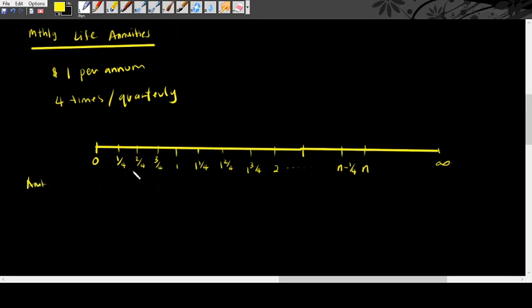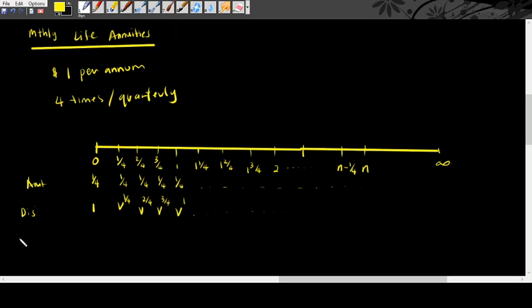So if it is annuity due, it will start at the beginning of the first quarter, which would be a payment of 1/m. For this case, it will be $1/4. Here it's going to be 1/4, here 1/4, 1/4, 1/4, and so on. The discount factor would be 1, v^(1/4), v^(2/4), v^(3/4), v^1, and so on.